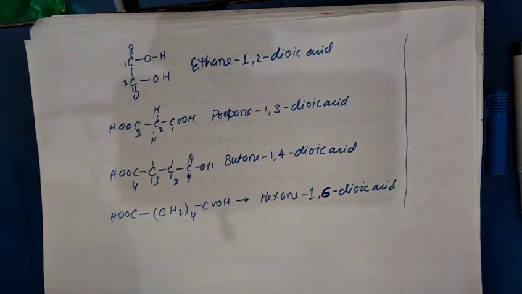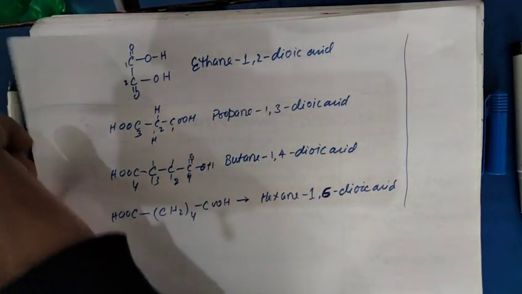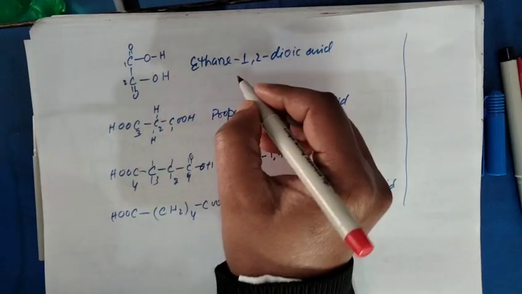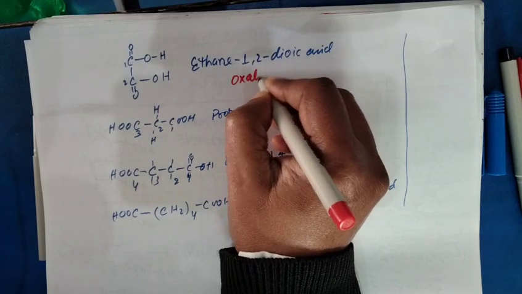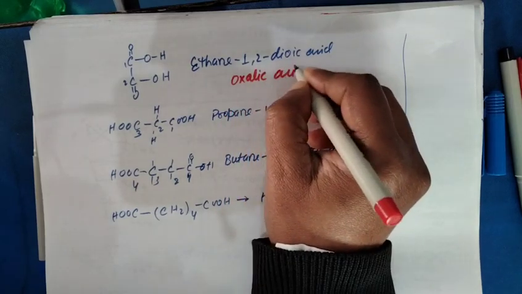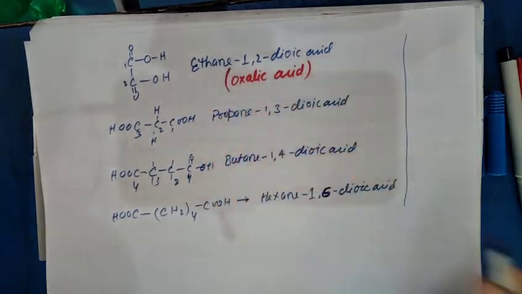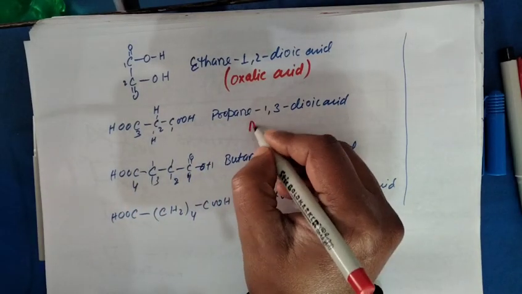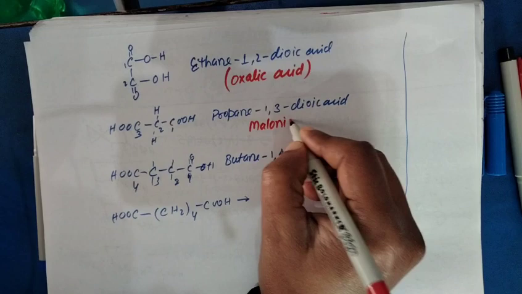Now some important names are also available for these compounds. For this compound, this is called oxalic acid. If you take this compound, this one is called malonic acid.